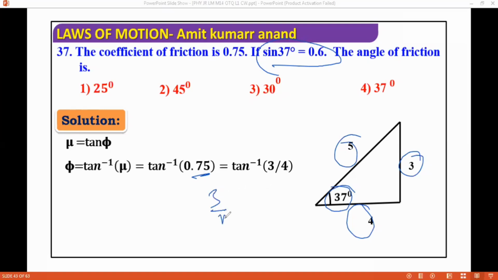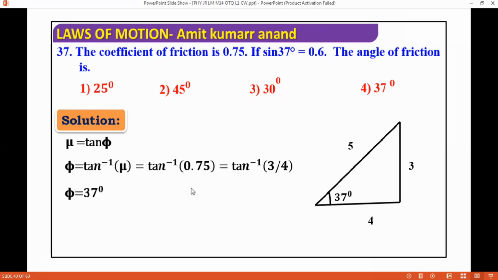If you see 0.75 you may wonder what it is, but actually it is 3 by 4. So tan inverse 3 by 4, you can easily see this is 3 and this is 4, which gives 37 degrees. Keep this concept in your brain; it will help you find answers fast. So phi is 37 degrees, and we'll go with 37 degrees.